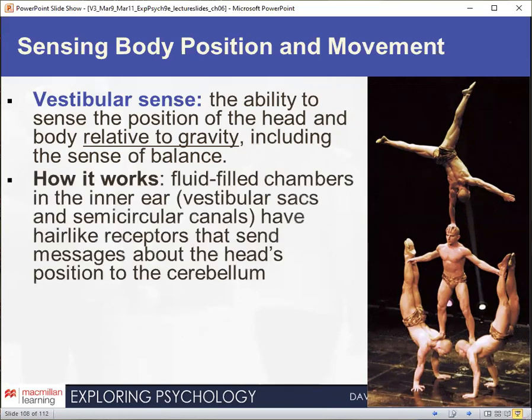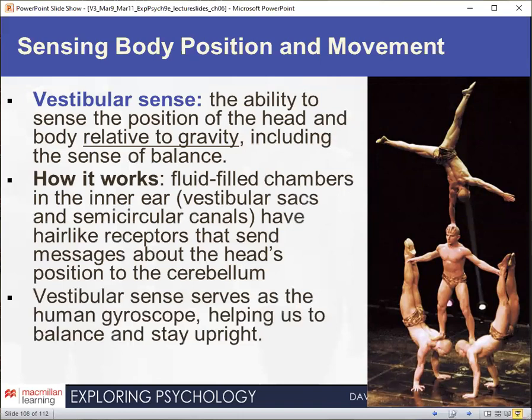How it works: we have these fluid-filled chambers in the inner ear, the vestibular sacs and semicircular canals. They have hair-like receptors that send messages about the head's position to the cerebellum. The vestibular sense serves as the human gyroscope, helping us to balance and to stay upright.